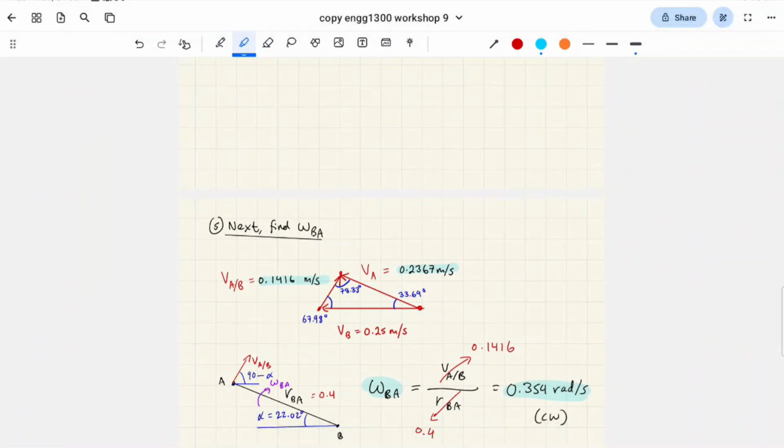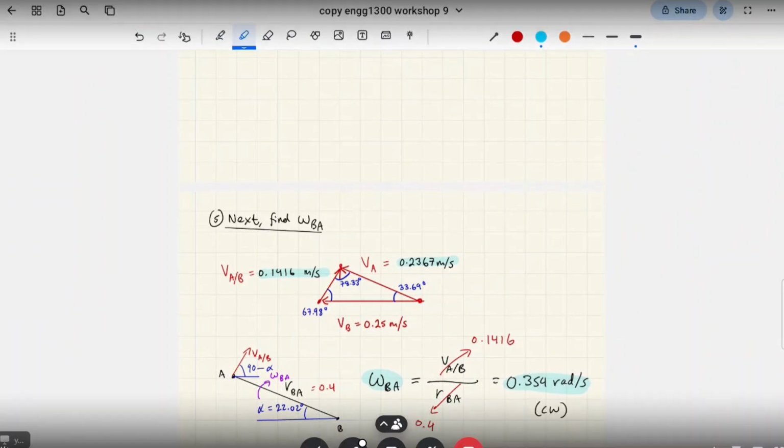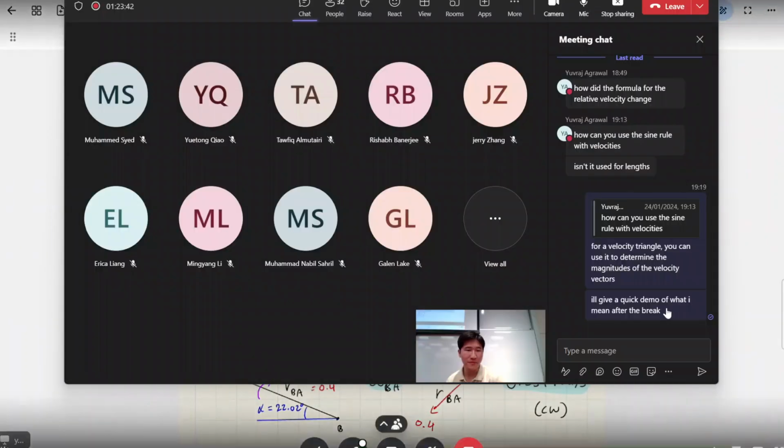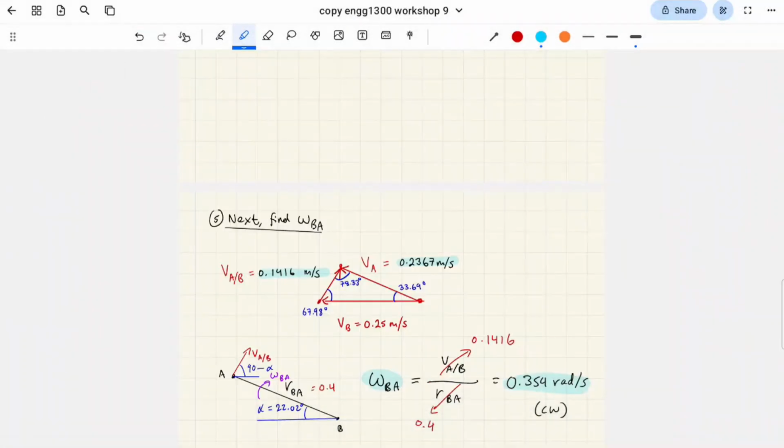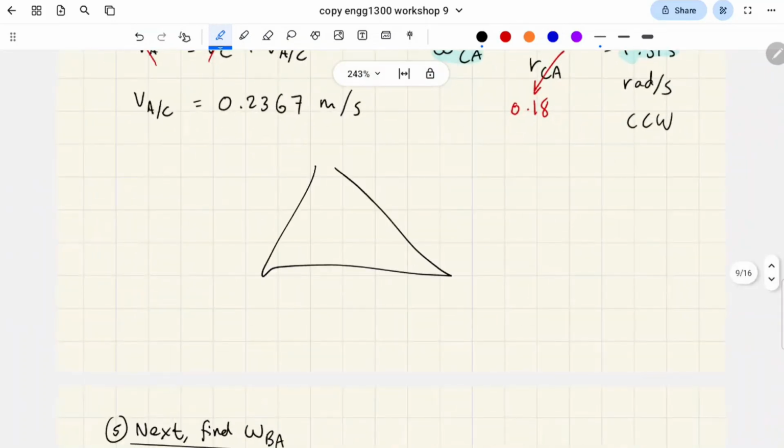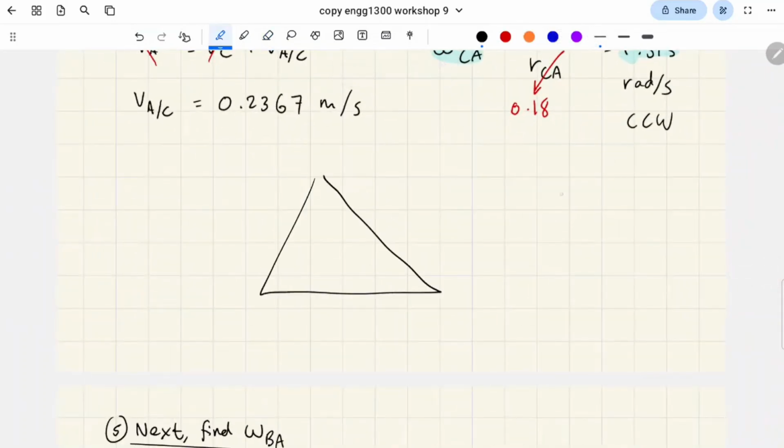Okay, time's up. All right, just to give a bit more justice to that question, because I don't think I gave a very good response. Basically, VA is VB plus VAB, for example. Let's say it goes like this: VA, VB, and this would be VAB.